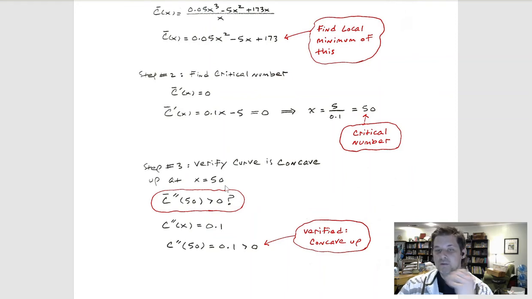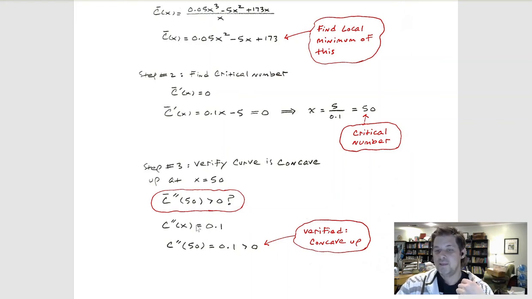So here, this is c bar prime, the first derivative. The derivative of 0.1x is 0.1. And then minus 5, which is a constant, so its derivative is 0. So the second derivative is just 0.1.